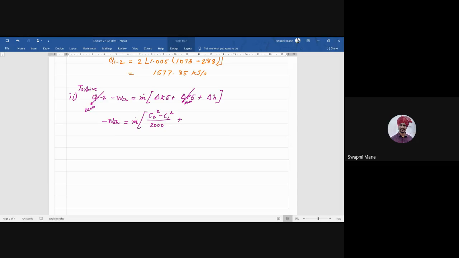What about delta H? It will come or not come? So it will come, because Q is equal to 0 means insulated, but there is a change of temperature. So it will become Cp into T2 minus T1. Is it okay? Yes, sir. Why did we convert by 2000? Kilojoule.